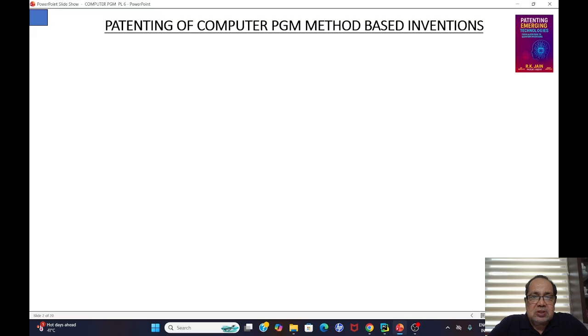So, if a question is asked on how to frame a claim for computer based inventions, or whether a given claim is patentable with respect to section 3K, or how to transform a non-patentable claim into a patentable claim, is there some methodology which has been prescribed under the new CRI guidelines? Well, if such questions are there and you would like to know the answers, then this video is for you.